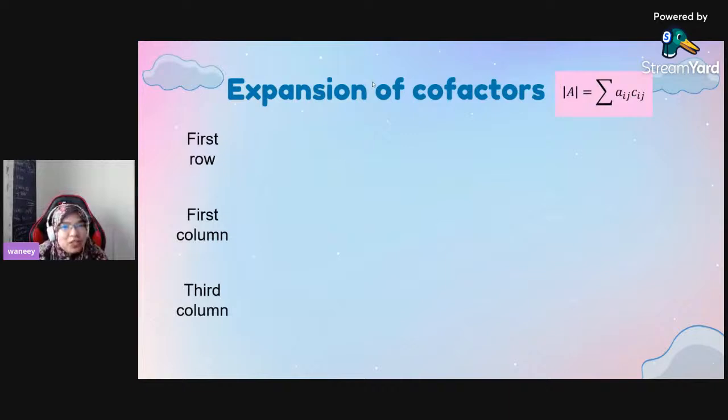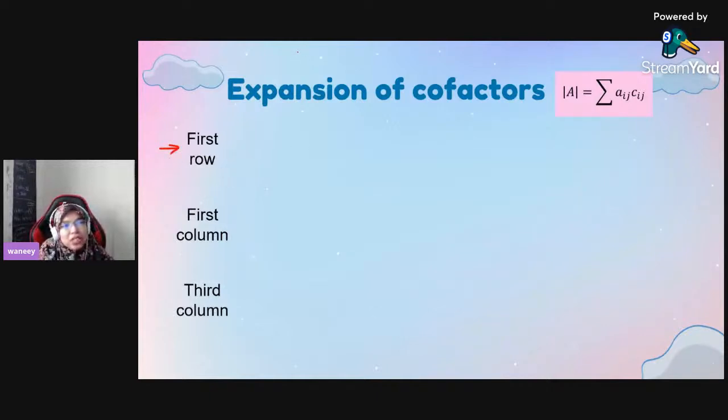So expansion of the cofactors. Like I told you before, you can expand along any of the rows and any of the columns. You can choose any row, any column, you are going to get the same determinant. For example, how to use this formula if I want to expand along the first row?